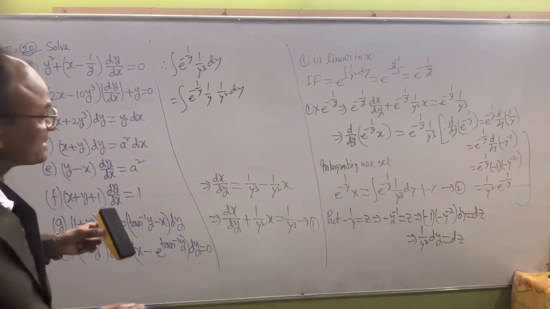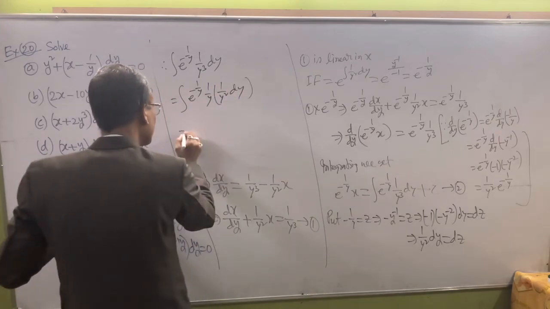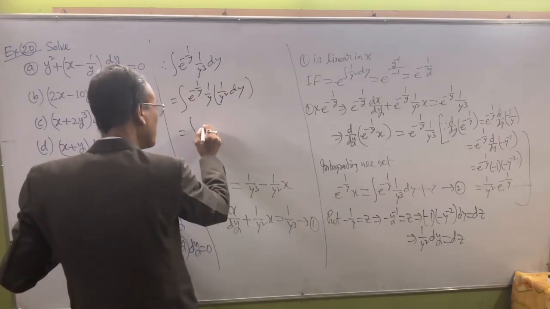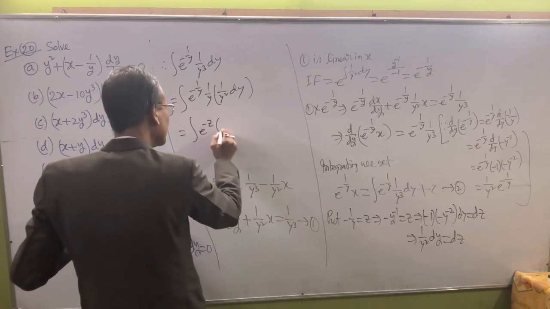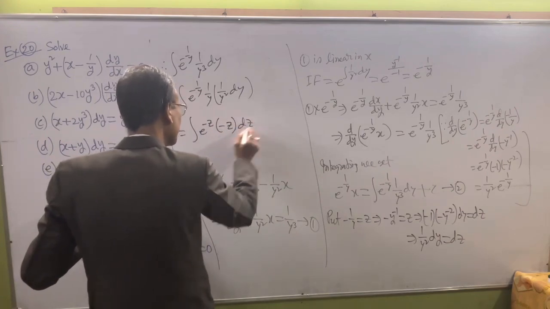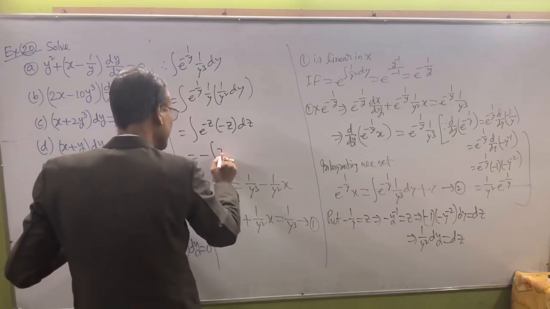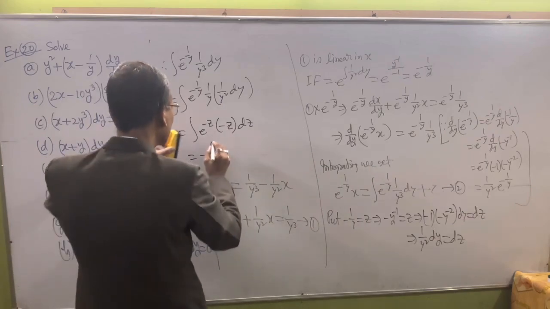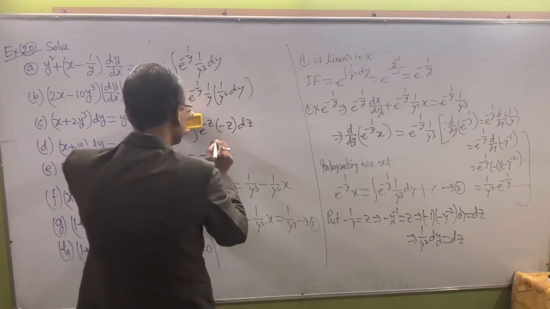You may write like this. Now, integral e to the power z for minus 1 by y, and 1 by y means minus z, with 1 by y square dy as dz. This is equal to minus integral z e to the power z dz. No, it is only z.